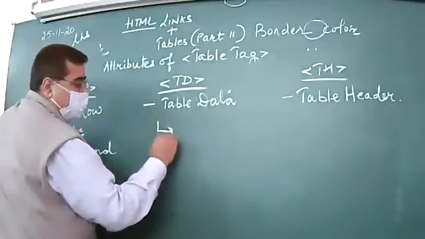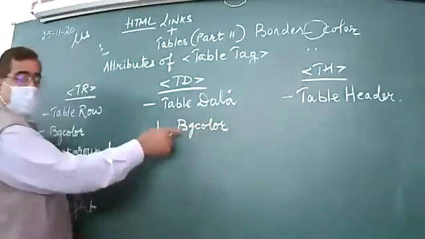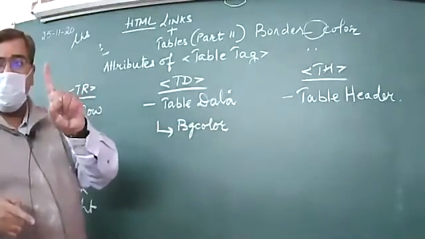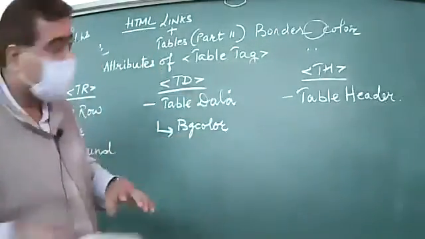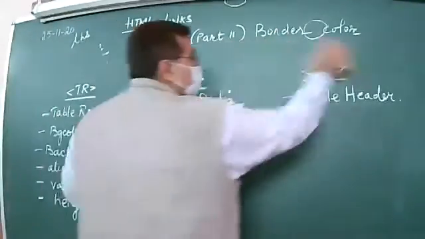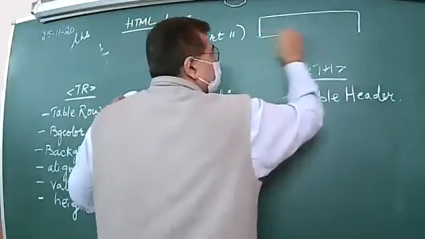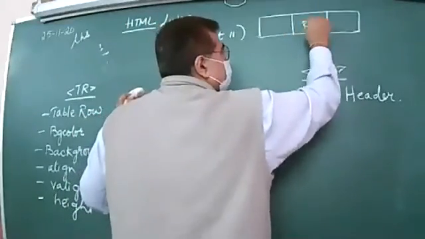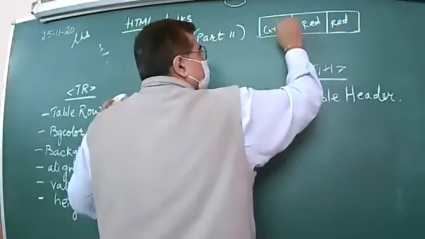TD. BG color. Here BG color specifies the color of one particular cell. Suppose you have 3 cells. These 2 cells are red in color, but for this you want green color.